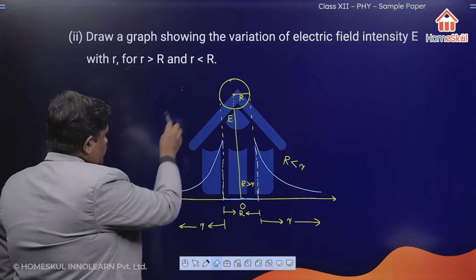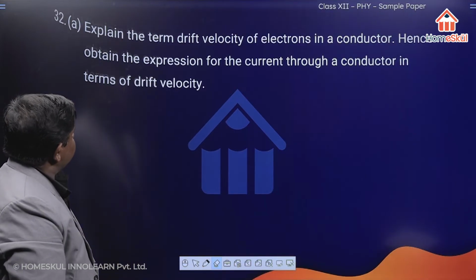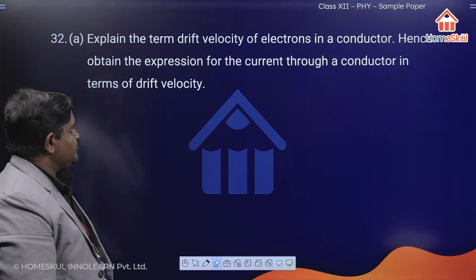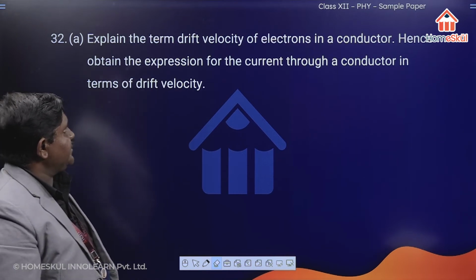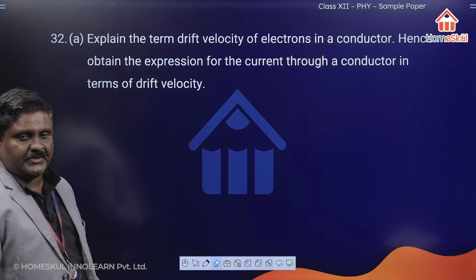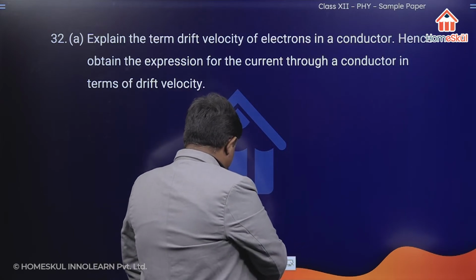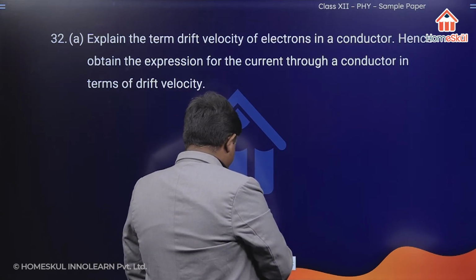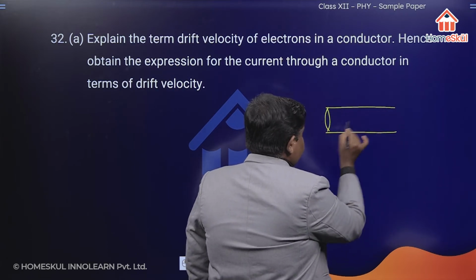Okay. So we are moving on to the next question, question number 32. Explain the term drift velocity of electrons in a conductor. Suppose we have a conductor like this.